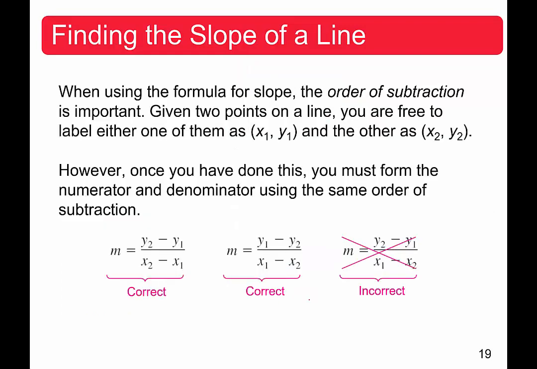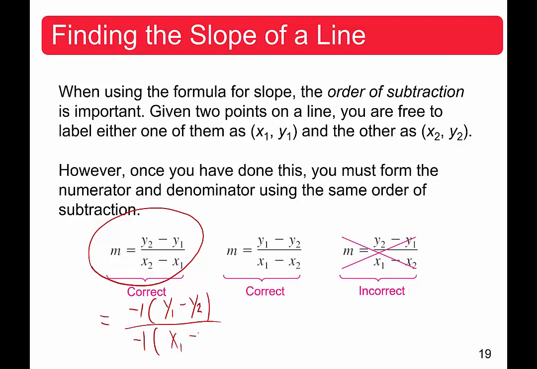Okay, so that's exactly what I'm talking about right here. We factor out negative 1 in the front, so we end up with y1 minus y2 on top, and factor out negative 1, it becomes x1 minus x2. If you cancel the negative 1 on both top and bottom, you get another form: y1 minus y2 over x1 minus x2.